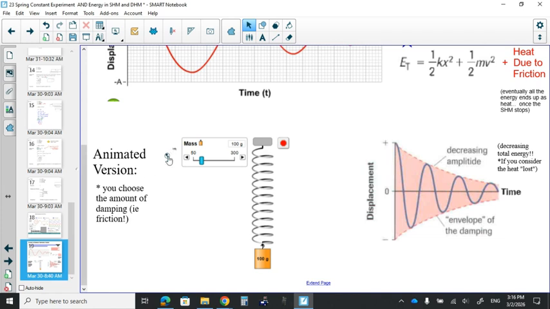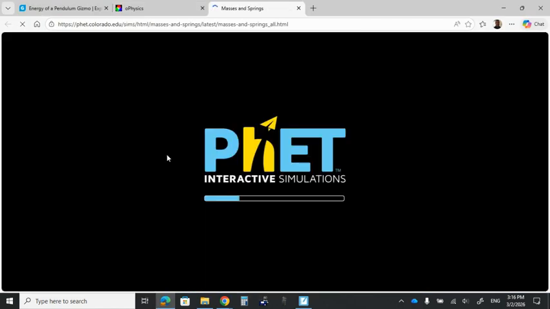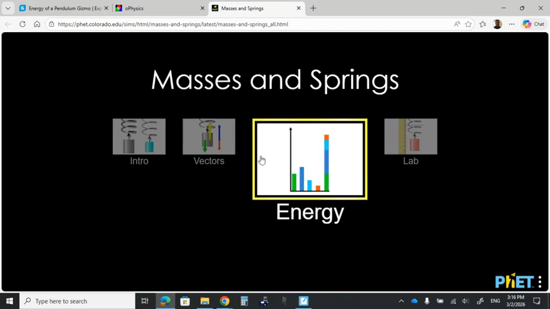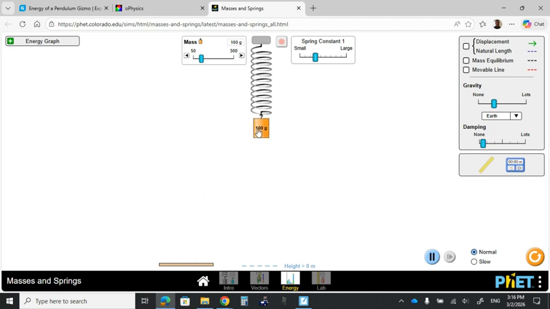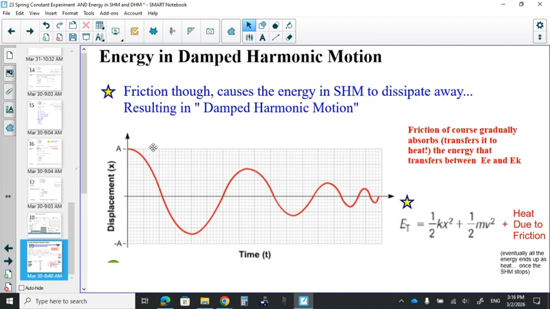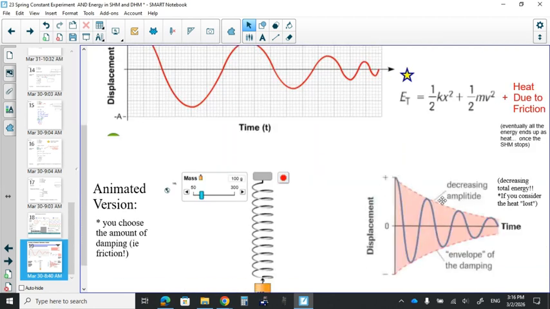An animated or simulated version of this is here. I think I want to go to the energy one. I'm going to get rid of that because it's just all sorts of stuff we don't need to look at. But this spring bounces back and forth, and eventually all of that energy dissipates away into heat because it has a damping amount, right? And so if you're looking at these, the rate that this tapers off, and the rate that tapers off shown there as well, depends on how much friction there is, how much damping there is, right?